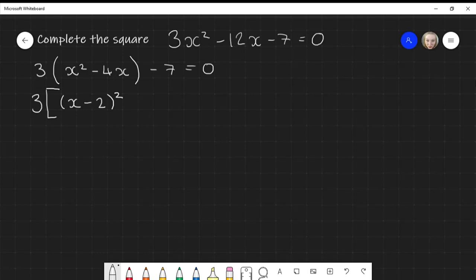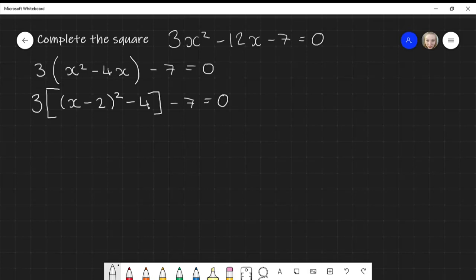When we expand that out, we get x squared minus 4x plus 4. So in order to express x squared minus 4x, we need to take away this extra plus 4 from this expression. So I'm going to do that and then close the brackets. And then I'm going to carry on with the rest of the equation.